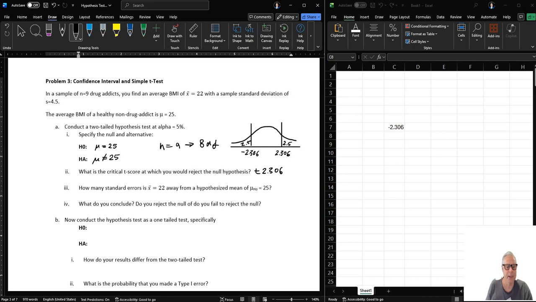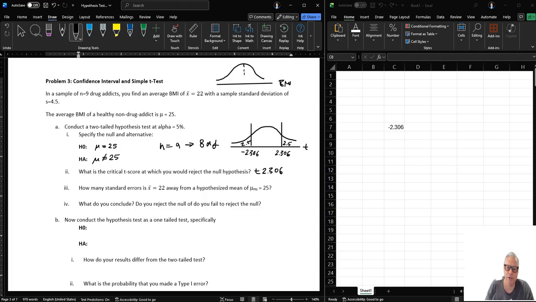And how many standard errors is 22 away from a hypothetical mean of 25? So within the population, where we have here the BMI, here we have the t. So our distribution looks like this.